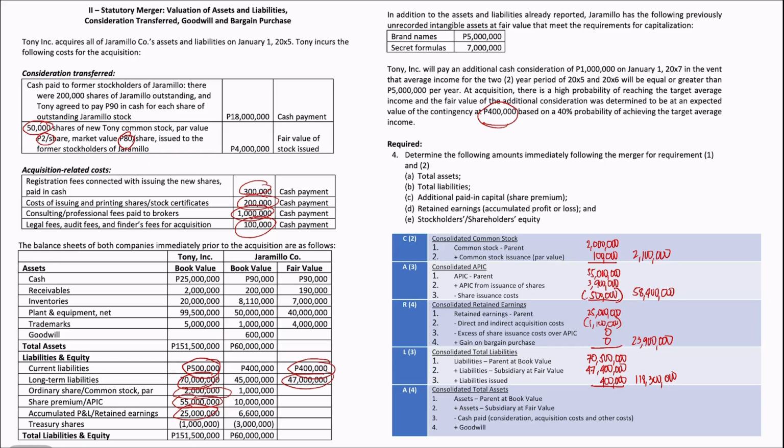Lastly, let's have consolidated total assets. Assets of the parent at book value is 151,500,000. Assets of the subsidiary at fair value, as computed previously, is 63,280,000.